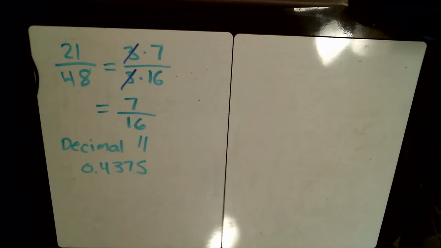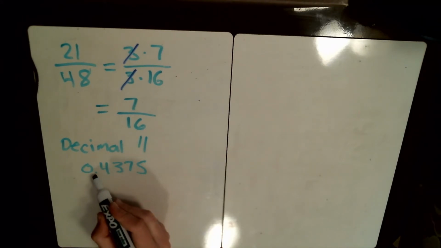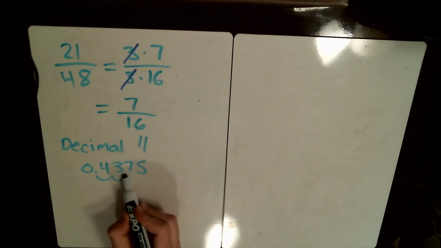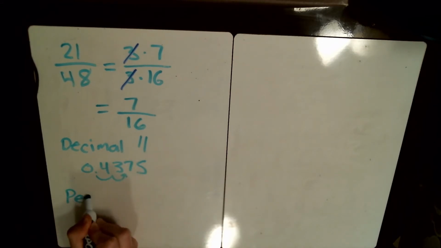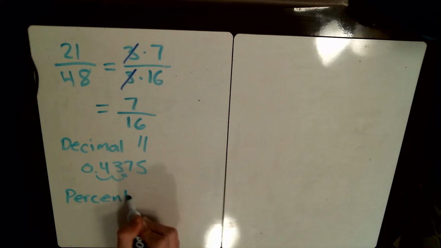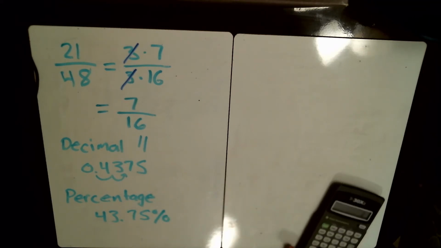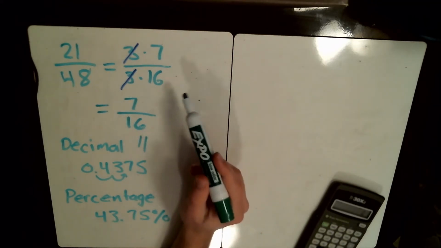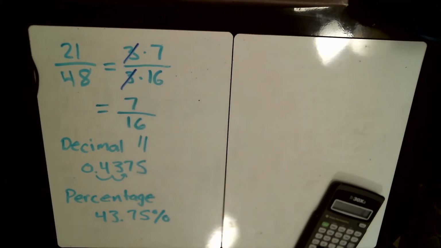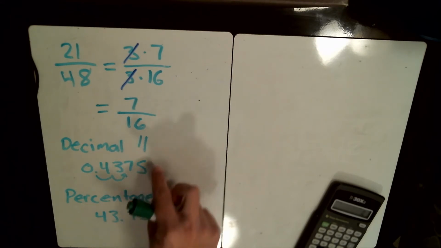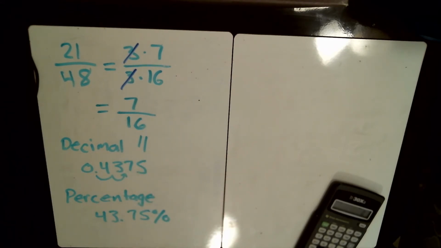And as a percentage, what I have to do is just move that decimal place over 2 places. So the way that you would write this as a percentage is 43.75%. Okay. Now, generally, you would probably just leave it as a fraction at the end, but we're playing around with decimals and percentages today too, so we may as well just review that real fast. Okay, so that would be my decimal, that would be my percentage.